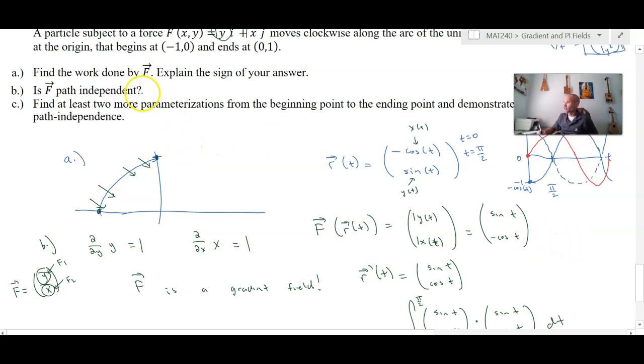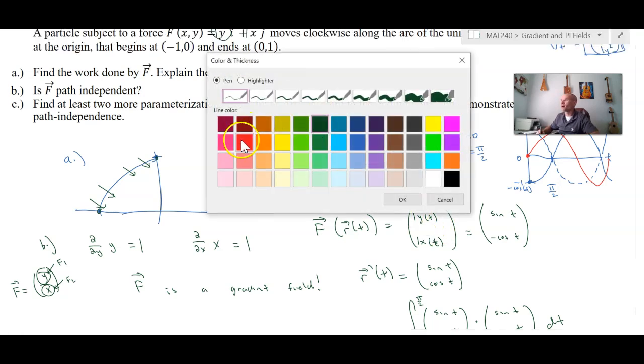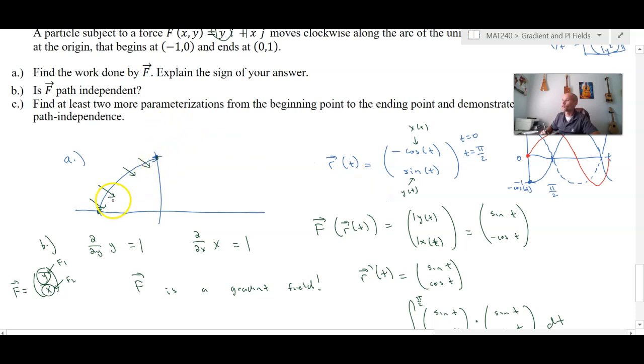And it looks like they are. So that means that this field is path independent, and there's infinitely many ways that I could get from the point -1, 0 to the point 0, 1, and it's not going to matter. I'm going to get the exact same line integral.